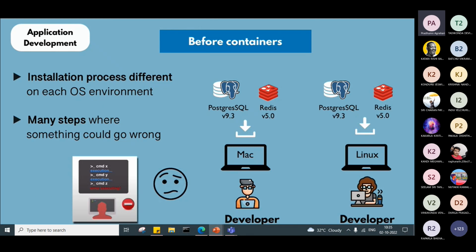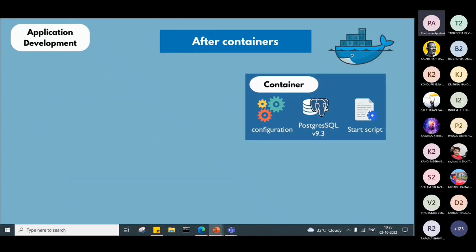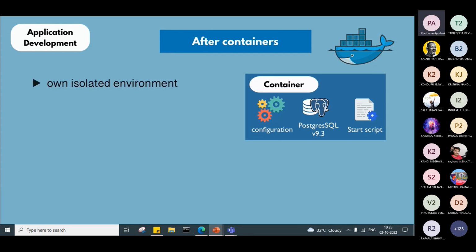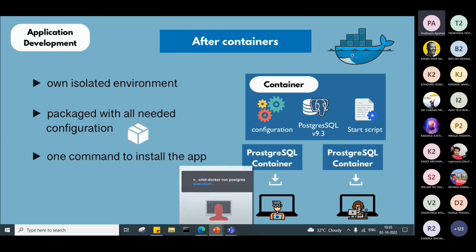The Mac developer was using the updated version. Then when the same code is tried on Linux, what will happen? There will be a mismatch and maybe the application will not run, or a certain module will not run. To solve this problem, the container was born. It creates an isolated environment and packages all the needed configuration. How it packages, we will go through.